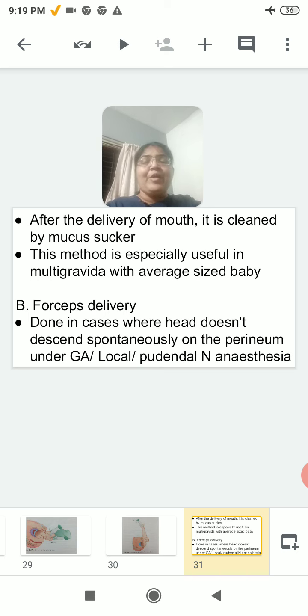The other method of delivery of the aftercoming head is the forceps delivery. It is done in cases where the head doesn't descend spontaneously on the perineum, under general anesthesia or local or pudendal nerve anesthesia. So any of these anesthesia is enough for the forceps delivery.